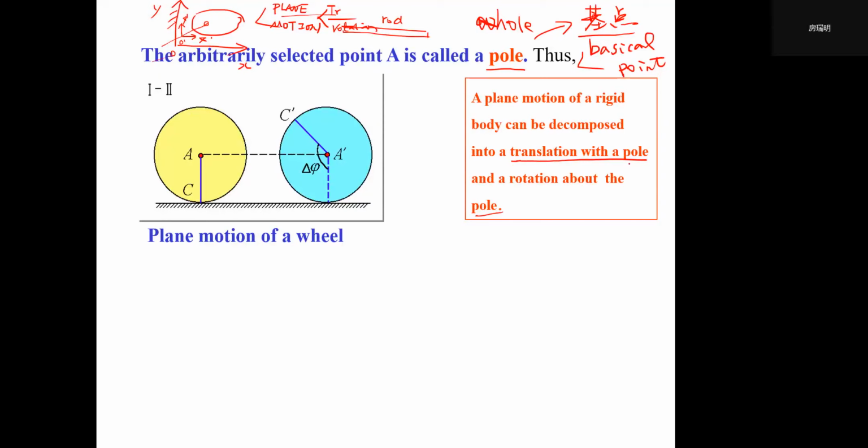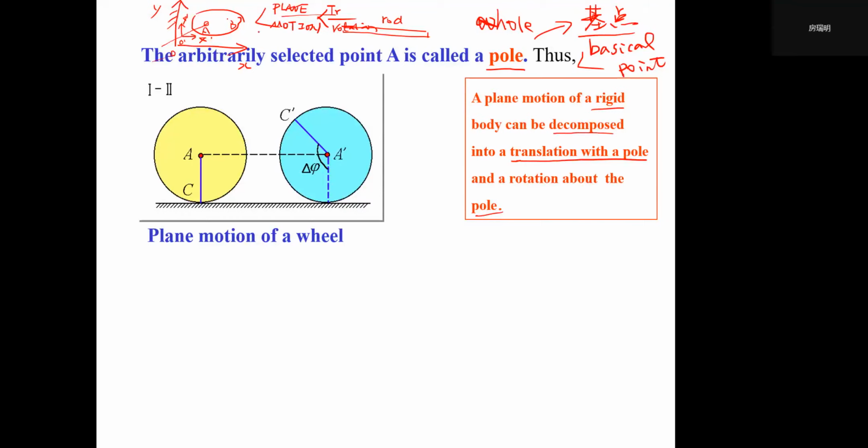And this position of pole you can arbitrarily select on the rigid body. So that means you can pull this plane figure here, maybe at point A. You can poke it at this point B. It will have no difference in these two decompositions, right?